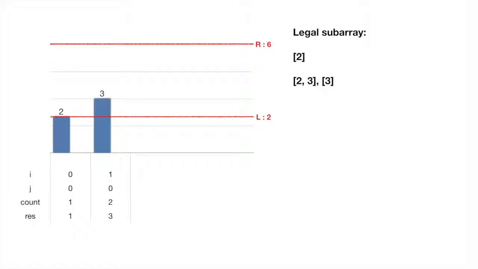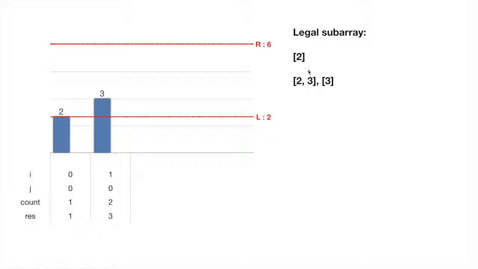And next we have 3, at index 1 and J also stays at 0, and we calculate the count equals 2, which means that in level 2 we have 2 subarrays which are legal. You can see it's just the combination of the current element and the last level elements.